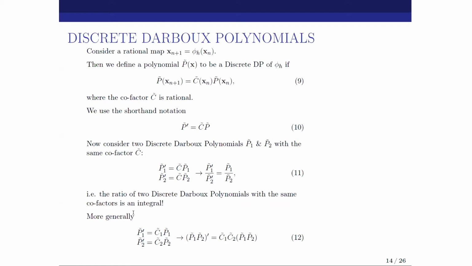Now, the P's are polynomials, but one difference with the differential equation case is that to get interesting cases, you have to take the cofactors to be rational functions now.